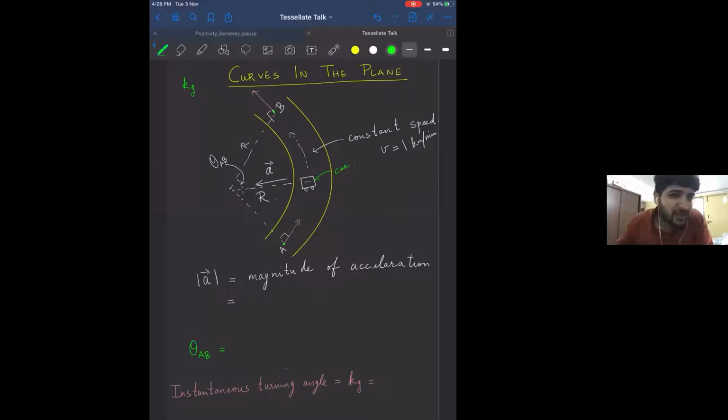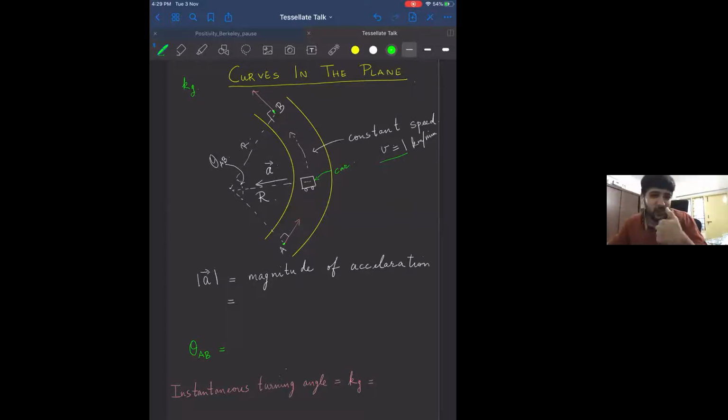So before I get to calculating that turning angle, let me remind you of something from high school physics. Throughout the entire talk, I'll be very boring and always travel at constant speed, which you can take to be your favorite speed. I'll take it to be the average 1 kilometer per minute, so 60 kilometers per hour, right?